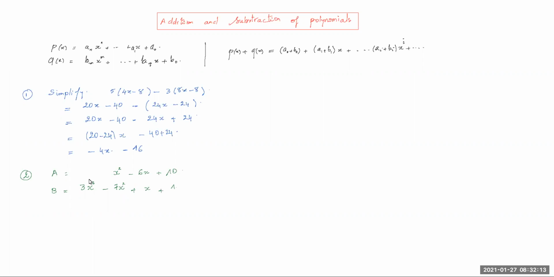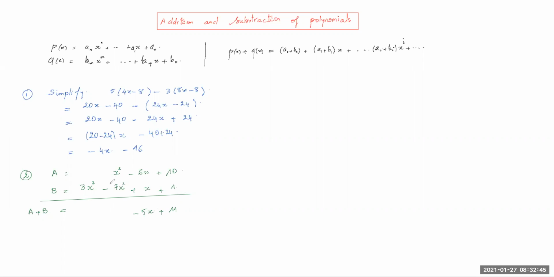So I organize things exactly like that, degree by degree. That's a way to organize your work. I want the sum; I want to add those two polynomials. So the result will be a plus b equal: I'm adding constant with constant, 11, then minus 6x plus x is minus 5x.